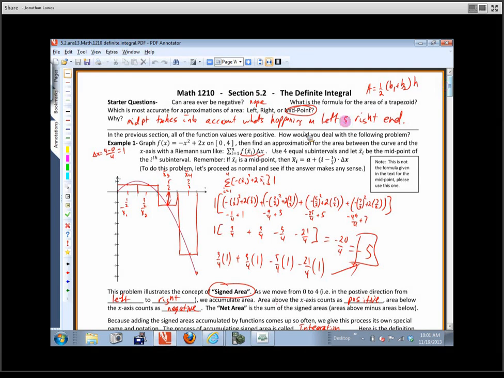So this section was on something called the definite integral, and we started off by finding the area of this shape that we hadn't seen before because we were used to dealing with things that had all the curve above the x-axis. The function was always positive, therefore the heights were always positive. So we introduced the idea going through the exact same process.